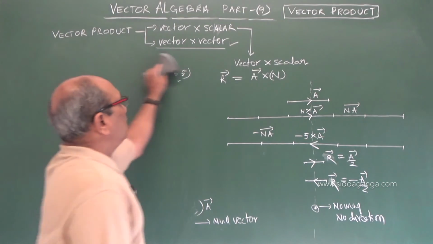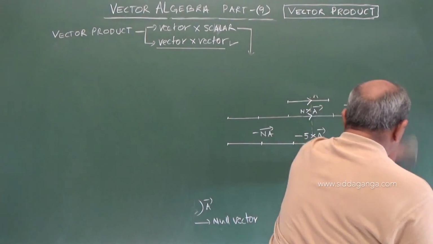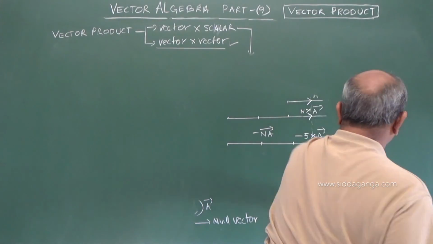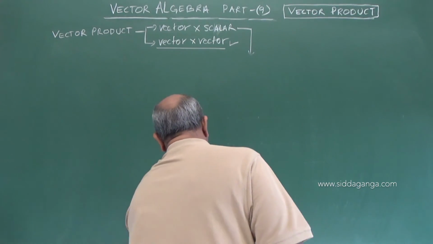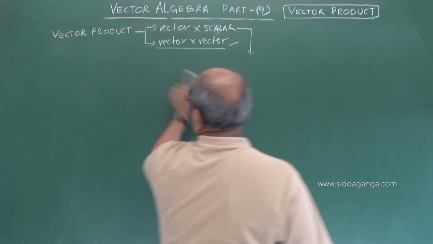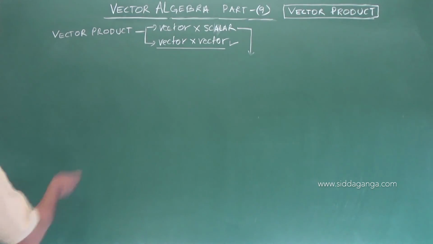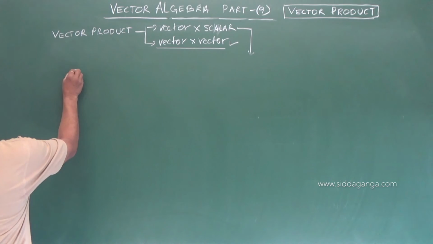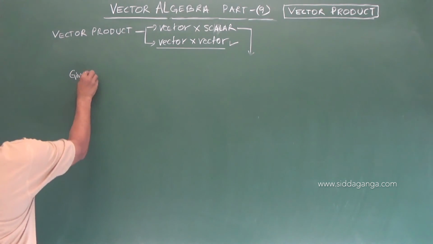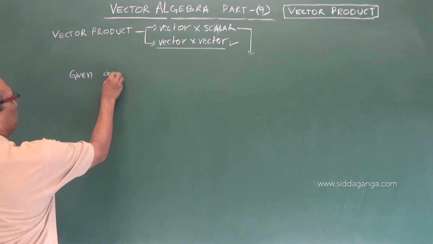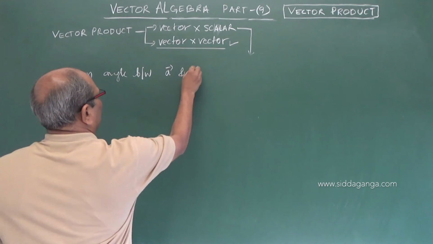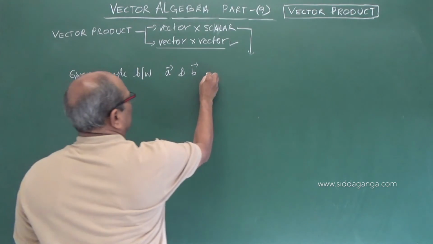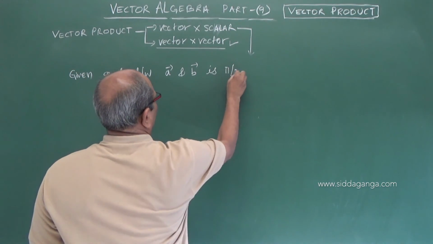First, I hope you have understood how a scalar, when multiplied with a vector, changes the magnitude and direction of the given vector. Now let us think you are given that the angle between vector A and B is pi by 3.